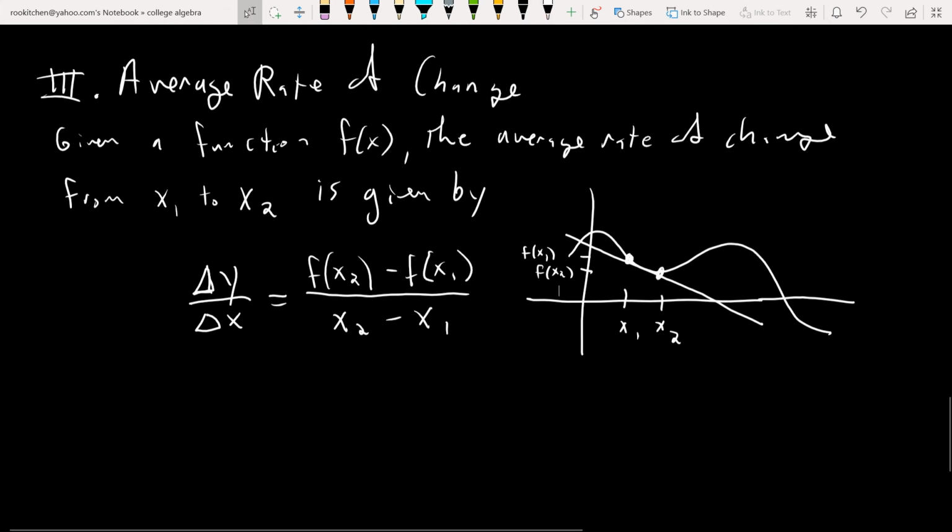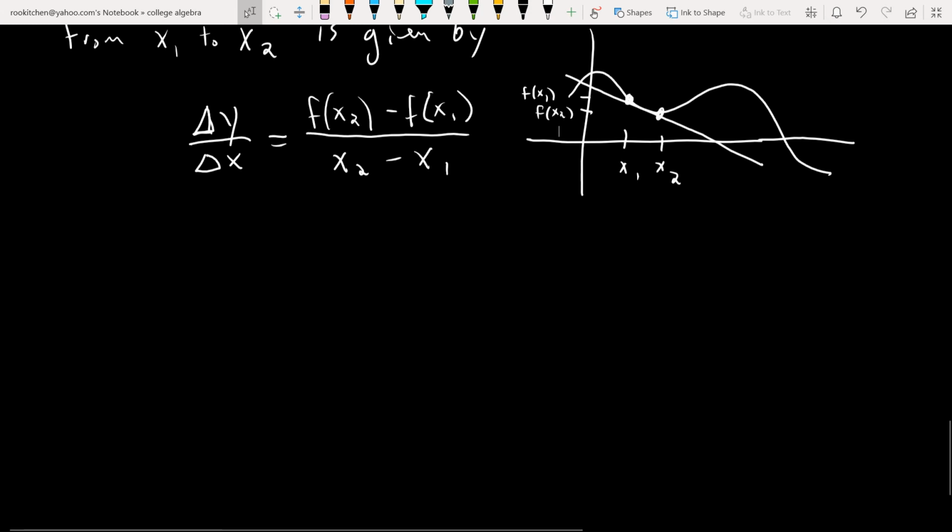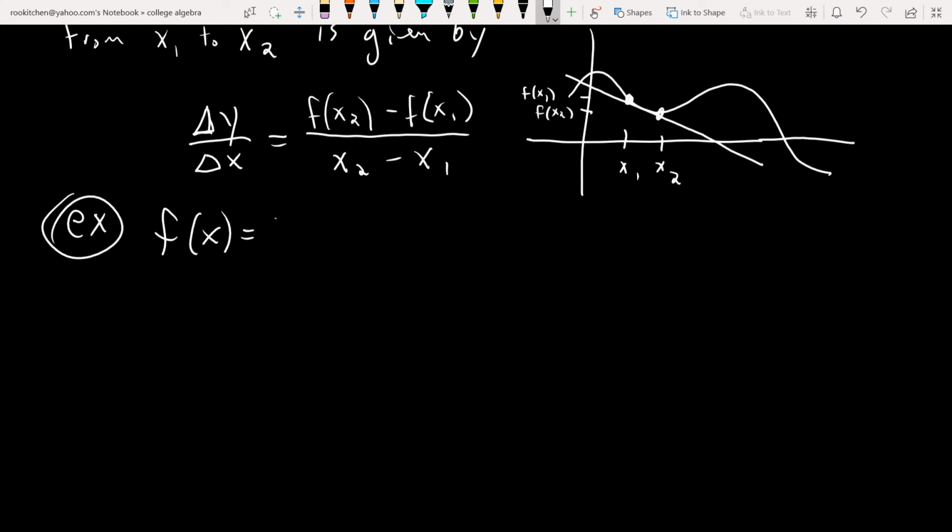Okay. Alrighty then. Let's try some of the types of problems you'll see in MyMathLab. Find the average rate of change of the function f of x equals 6x, going from x1 equals 0 to x2 equals 4.